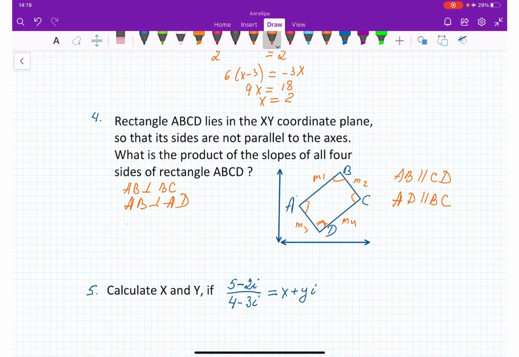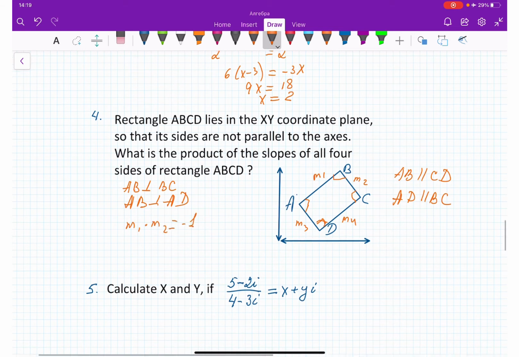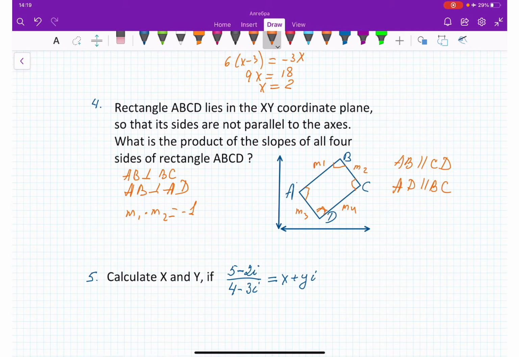What are we going to get? M1 times M2 is going to be negative 1, right? When we have perpendicular lines, the slopes multiply to negative 1, because we have reciprocals. And M3 times M4 is also going to be negative 1, which means M1 times M2 times M3 times M4 is going to be positive 1, since negative 1 times negative 1 is positive 1.